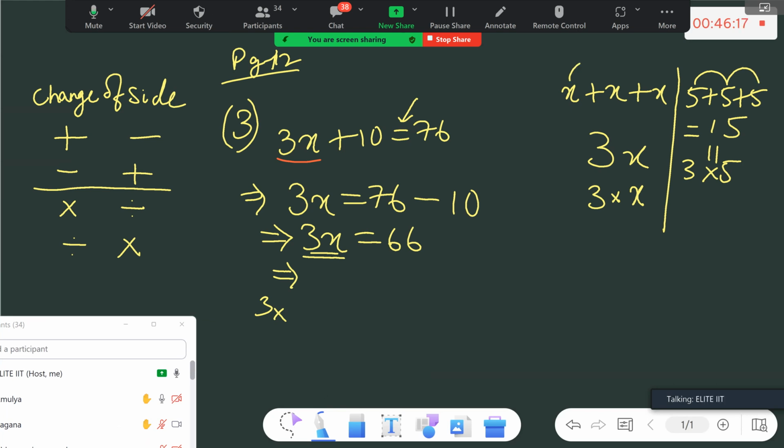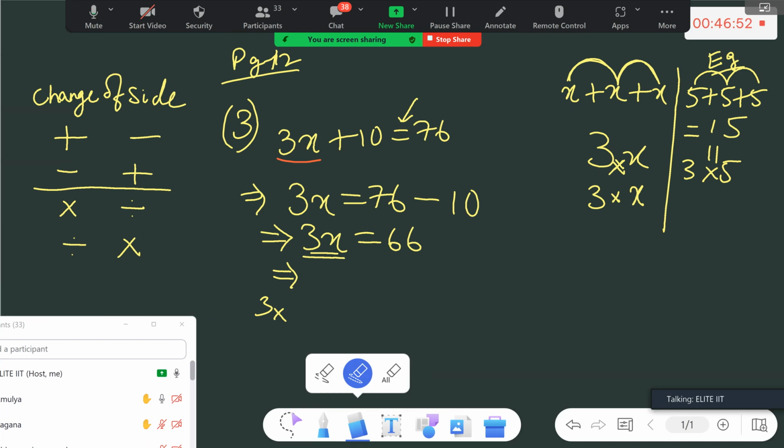So similarly, since there are 3x here, we did a 3 into x. That is just an example to make you understand. So if we have x plus x 3 times, I can write 3 into x.